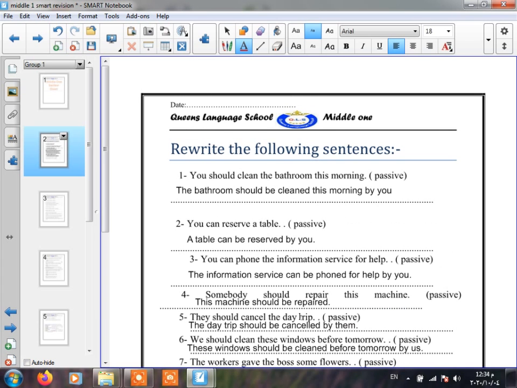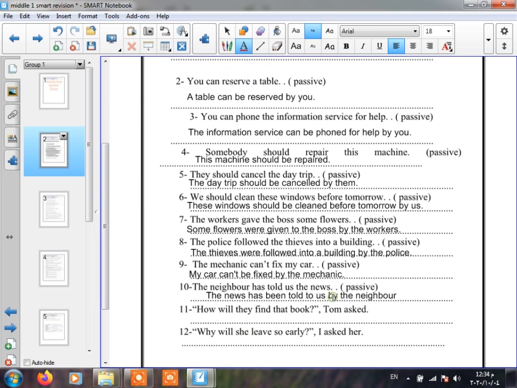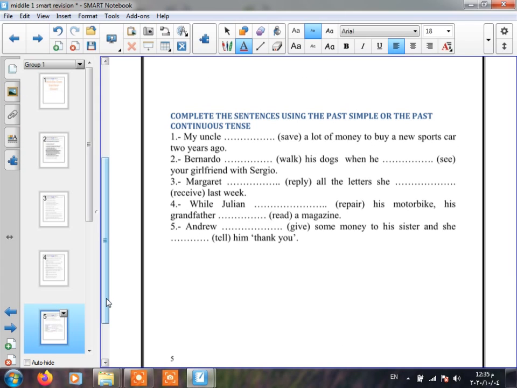Sorry for that. The news has been told to us by the neighbor. The second answer will be we have been told the news by the neighbor. Okay, now let's answer this complete question. We are finished with the passive now.